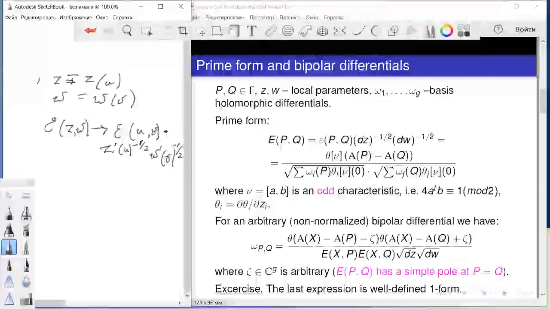So we can regard E of PQ as a quantity which depends not only on a pair of points, but also on the choice of local coordinates, and under a change of local coordinates, it transforms in this way.